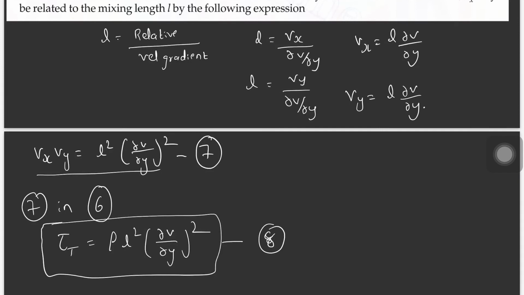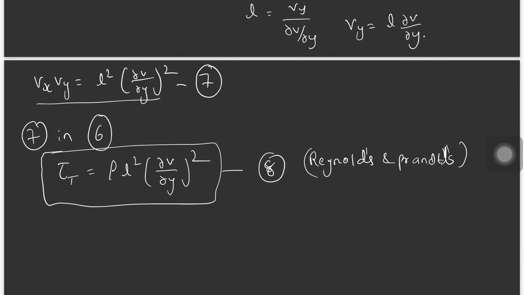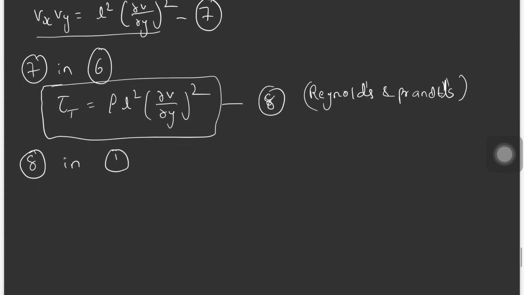This formula we got by applying both Reynolds' and Prandtl's theory and equations. Okay. Now we'll use this equation 8 in our equation number 1, that is tau total is equal to, what is viscous shear stress?